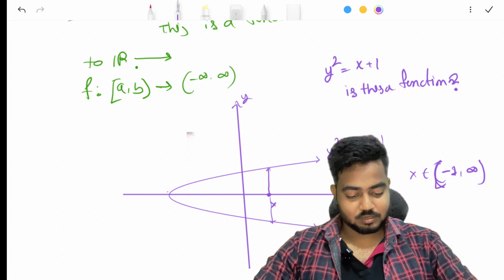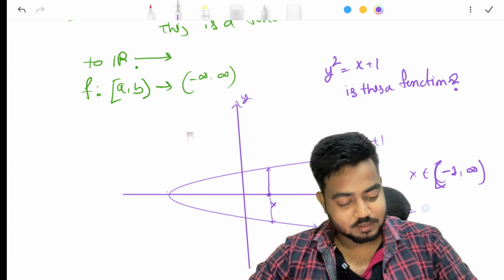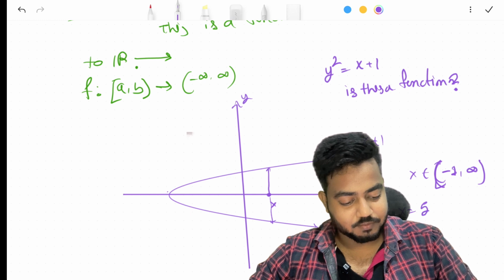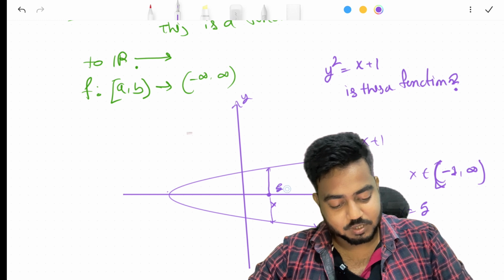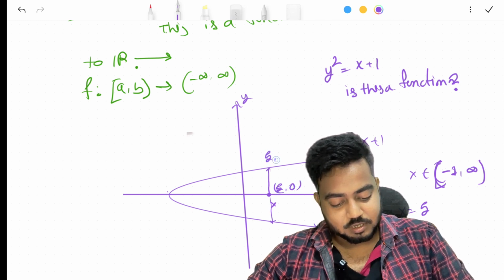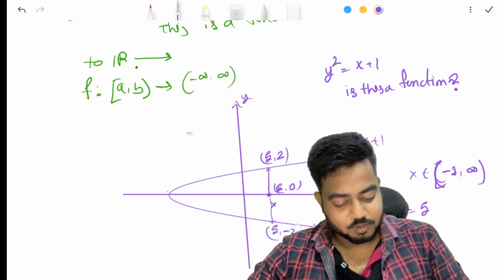Suppose x equals 5, then it has the points 5 comma 2 and 5 comma minus 2.